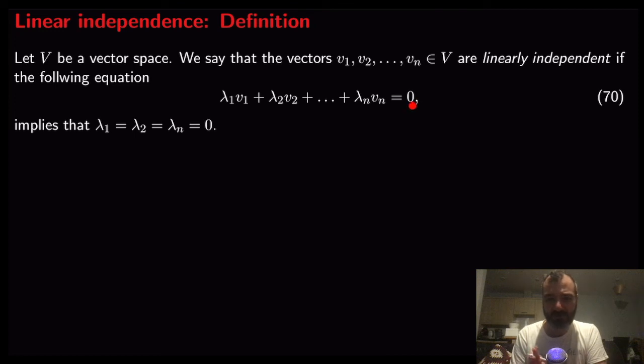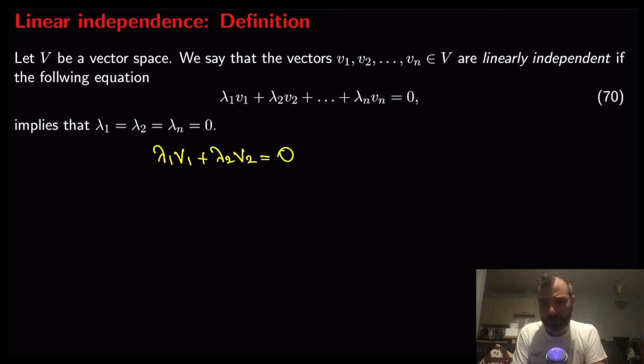Why is that? This looks like a strange statement. If they are not 0, so let's say that not all of them are 0, but instead you have lambda 1 v1 plus lambda 2 v2 equal to 0, and lambda 1 and lambda 2 can be taken such that they are not equal to 0, but this is satisfied.